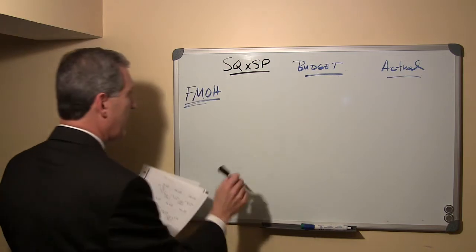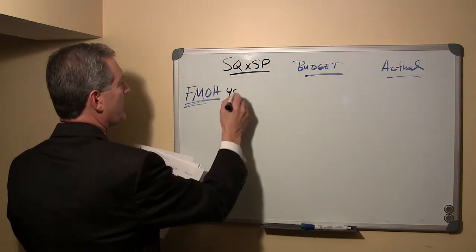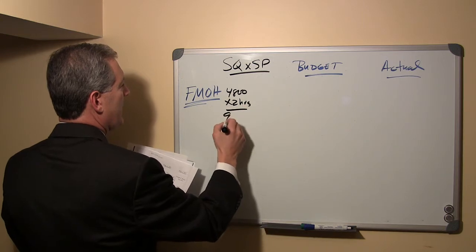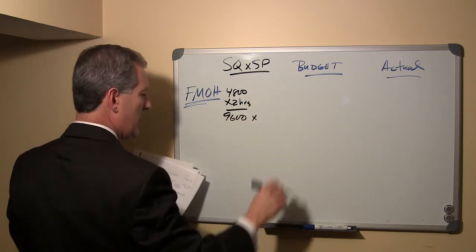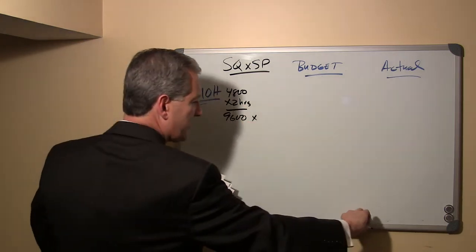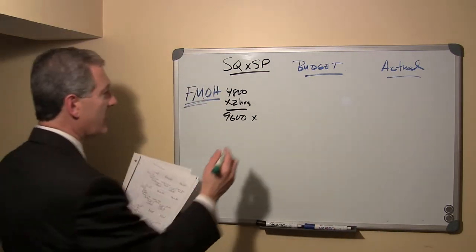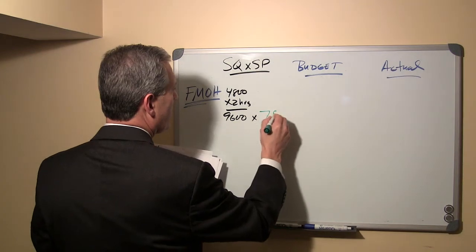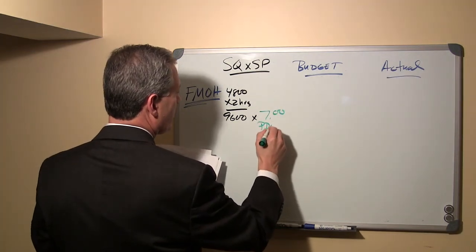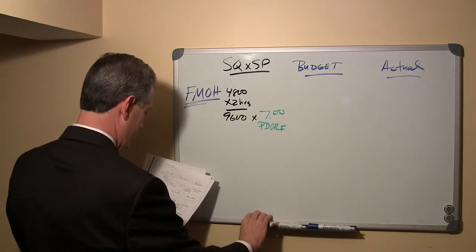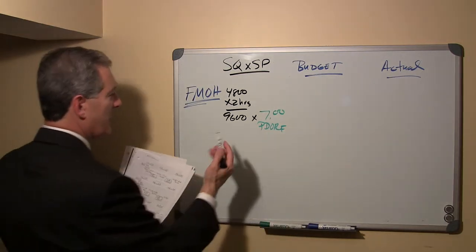Again, the standard calculation, 4,800 units times 2 hours each, 9,600 hours. But what is the standard price? The standard price is the predetermined overhead rate that you calculate at the very beginning of the problem. $7 predetermined overhead rate for fixed manufacturing.